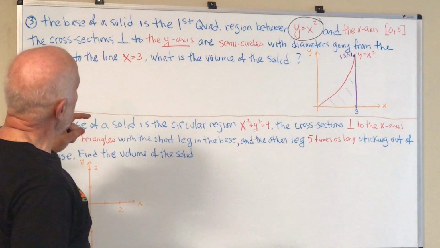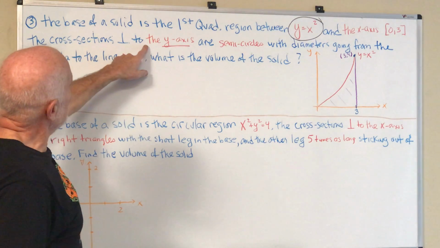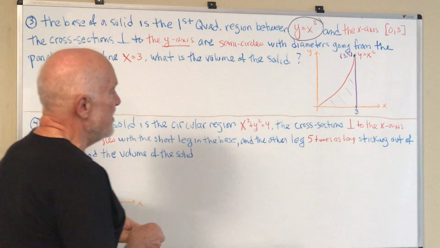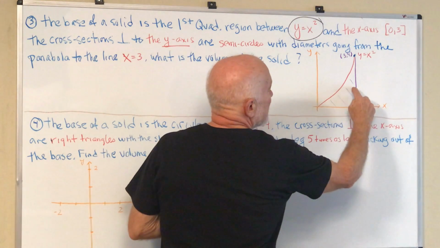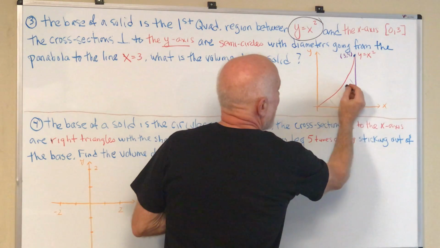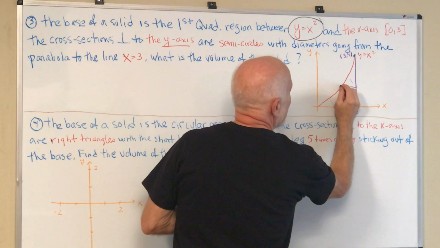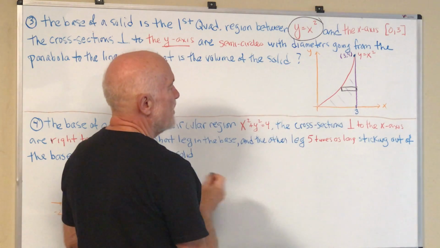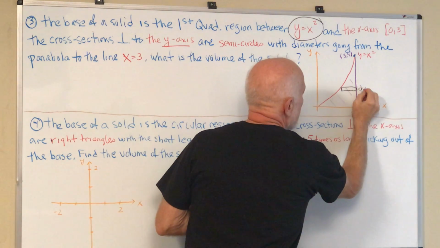This time though, the cross sections are going to be perpendicular to the y-axis. So this time, the cross sections are going to come out perpendicular to the y-axis, so we make our rectangle in this direction. We have to go dy.